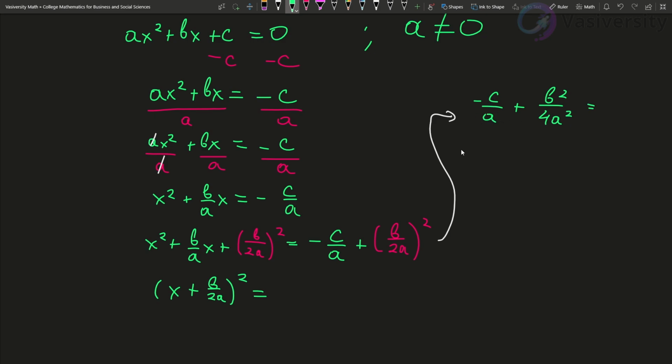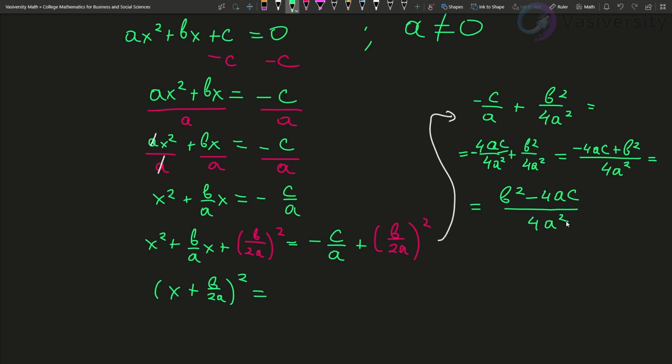We're missing 4 and 4, so we can rewrite it as negative 4c over 4a plus b squared over 4a squared, and we have to also multiply it by a, so that's going to be a times c, right? That's going to be our equation. So here we're going to have negative 4ac plus b squared over common factor of 4a squared. Okay, and now we're going to rewrite it as b squared minus 4ac over 4a squared. Perfect. Okay, so that's what we have.